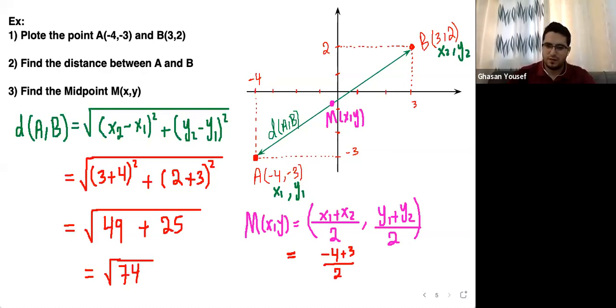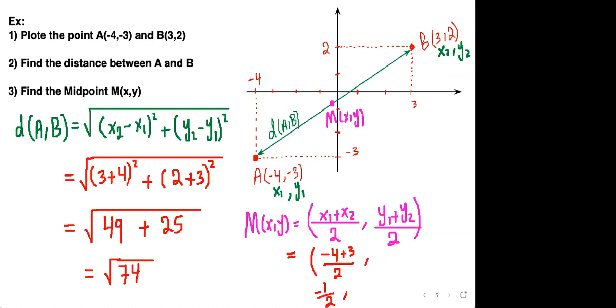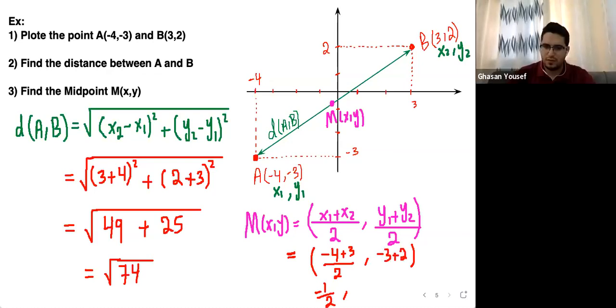This is negative 1 over 2. And then comma, negative 3 plus 2 divided by 2. They give me also negative 1 over 2. Negative 1 half. So my midpoint is negative 1 half, negative 1 half. The x coordinate is negative 1 half, and the y coordinate is negative 1 half.